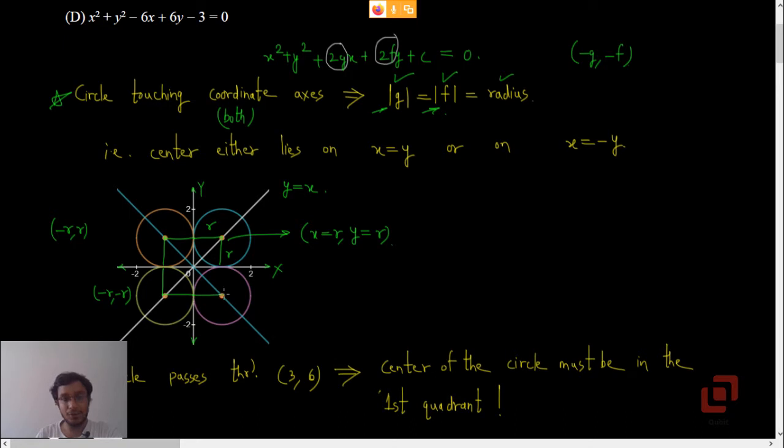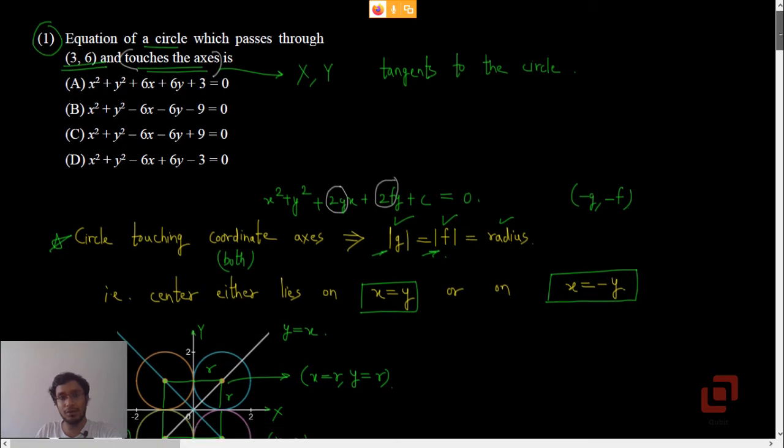And in the fourth quadrant, x is positive and y coordinate is negative. Okay, so either the center of the circle will lie on the line y equal to x, or on the line y equal to minus x, or x equal to y, or x equal to minus y. Okay, this is the first important result that we are going to use to solve the problem.